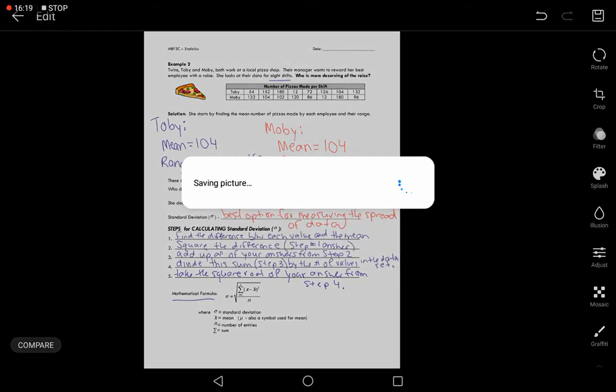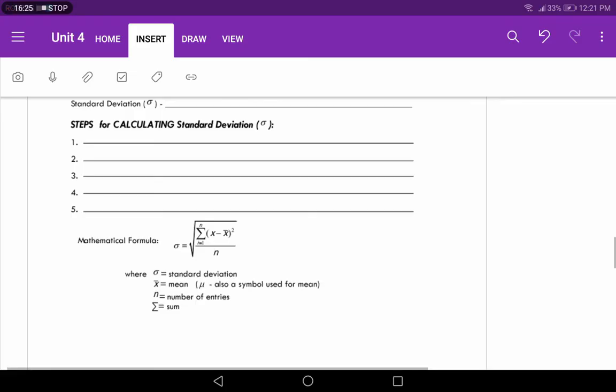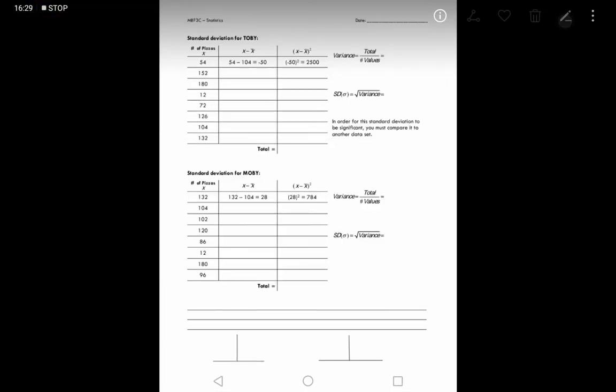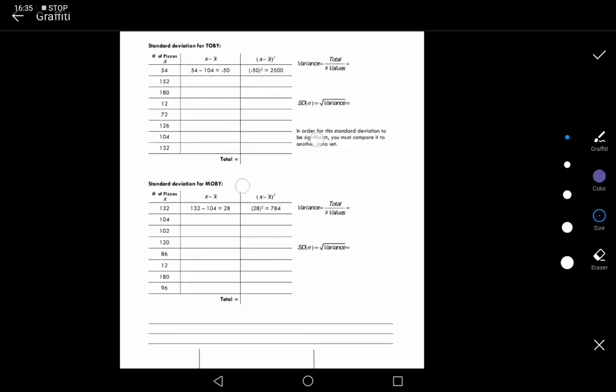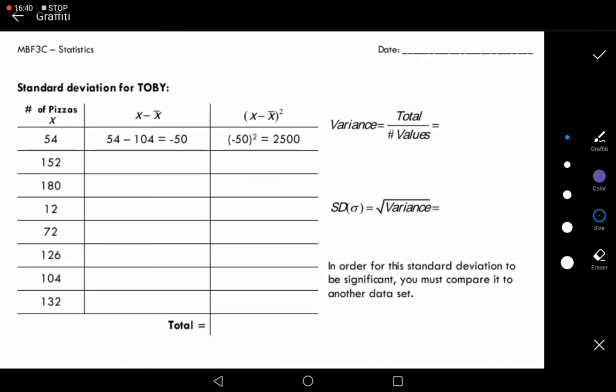So one last page. We're working through this pretty quick. There's just a long note. Okay, and this is the last page. We're still looking at Toby and Moby here because we still haven't figured out who should get a raise. In order to do that, we are going to figure out the standard deviation.